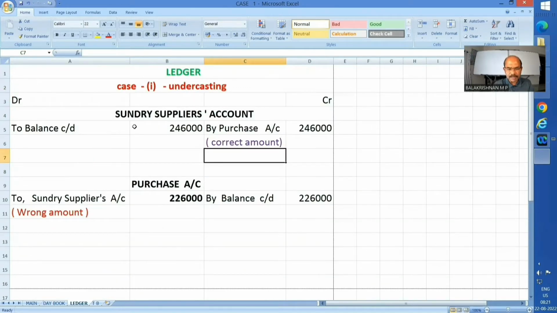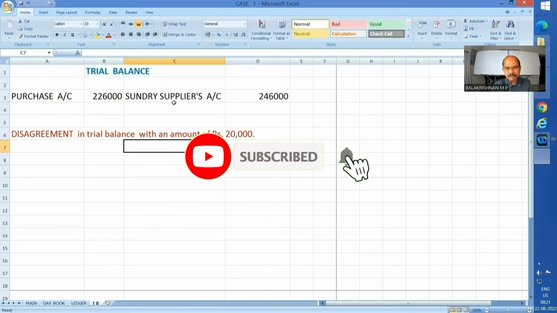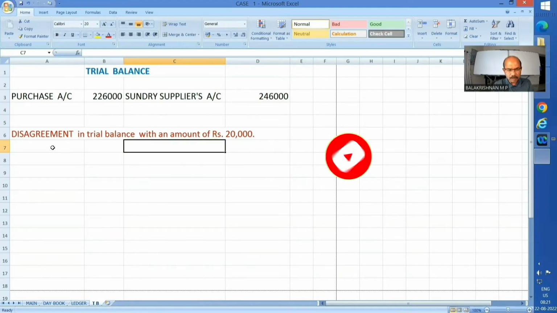So suppliers account will be balanced to 2,46,000 and purchase account will be balanced to 2,26,000. Obviously, our trial balance will reflect like this: purchase account 2,26,000 and sundry suppliers account 2,46,000. Conclusion is what? Disagreement in trial balance with an amount of rupees 20,000.